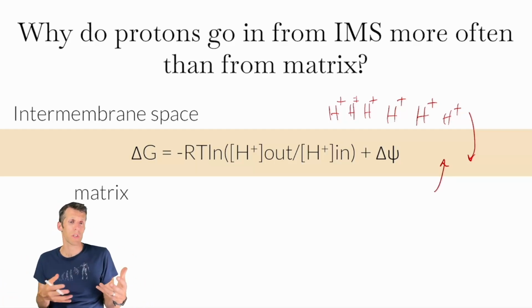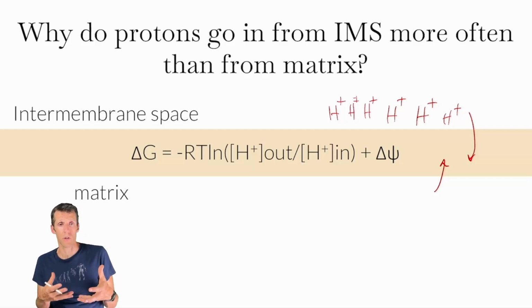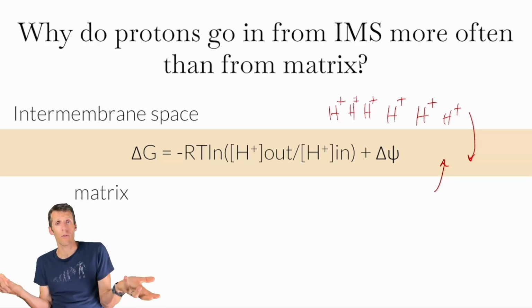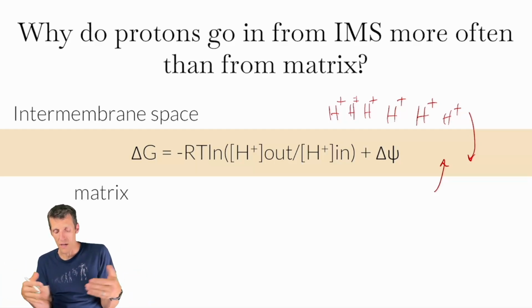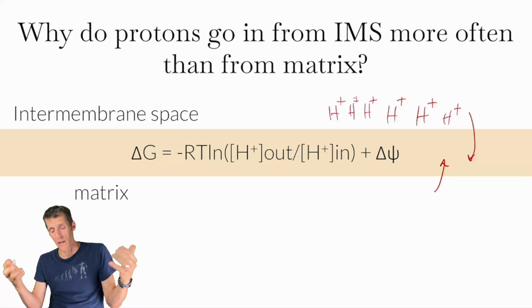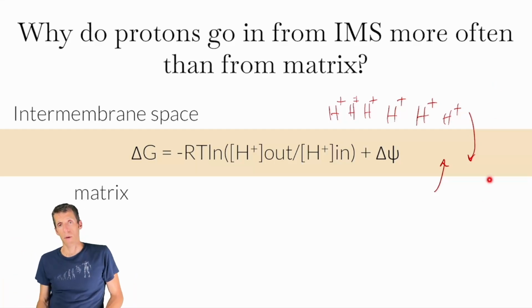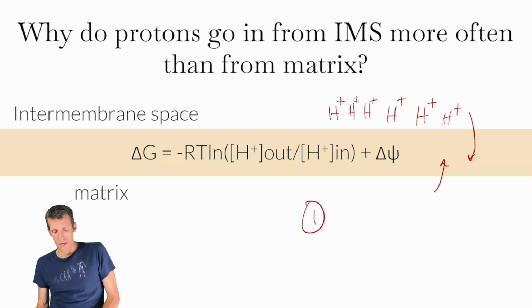If you've seen my videos looking at flipping coins as a way to measure free energies, you have an excess of heads, right? So you're going to tend to see heads to tails transitions more often. You have an excess of protons on one side of the bilayer, so you're going to see protons moving across the bilayer from the IMS into the matrix more often just by chance. And so reason 1 is just a concentration difference.